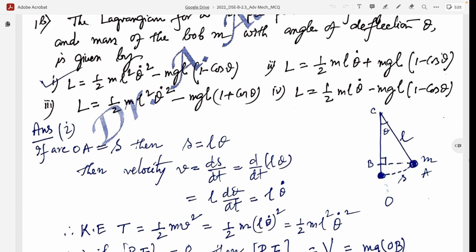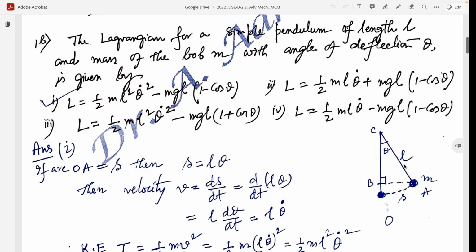Here the arc length OA equals s, and the distance CA is l because the length of the simple pendulum is l.